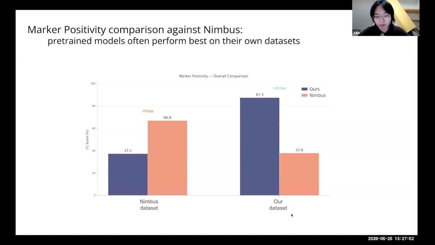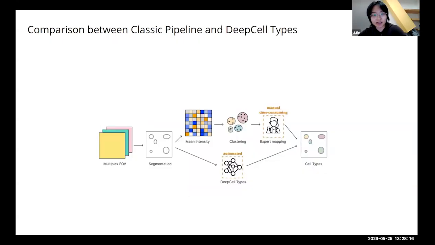If we do the reverse experiment and predict on our dataset, our model performs better, whereas Nimbus performs worse. So I guess the conclusion here is that there's certain bias that the model itself cannot overcome, and the pre-trained model often performs better on its own dataset. And I think this is the last slide.